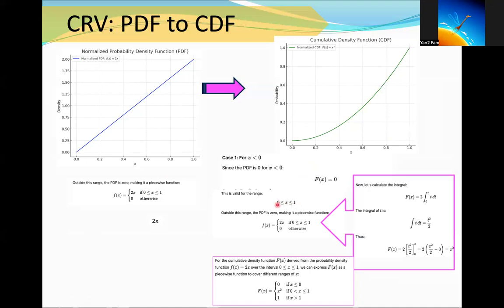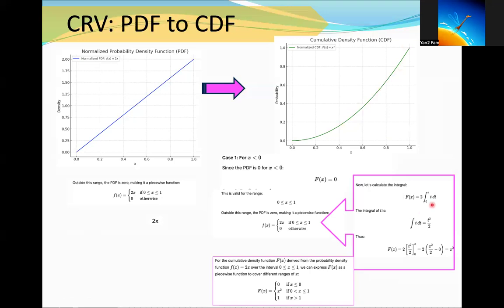But bear in mind that this is cumulative, and when I do the integration, I use x to represent the 1 because I'm not using the 1 in this part. I want to integrate along the line, but not until the 1 yet.